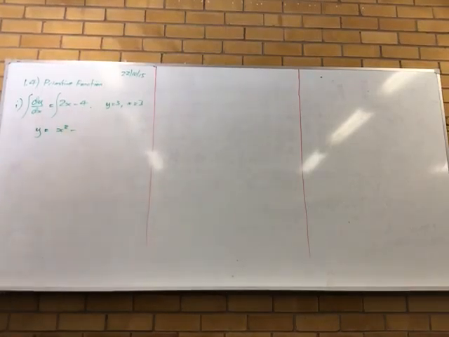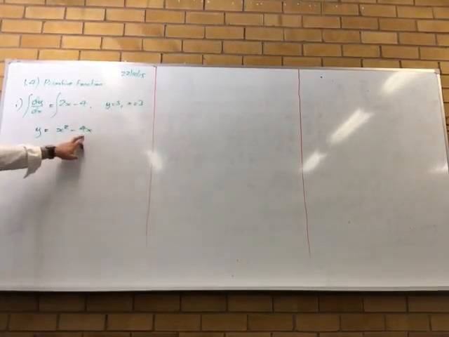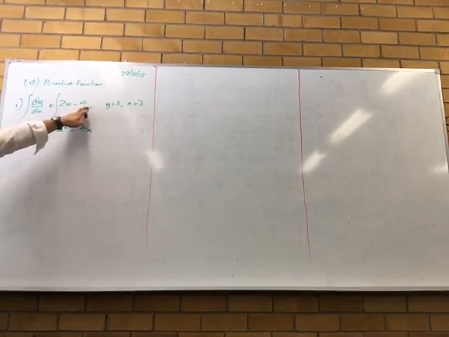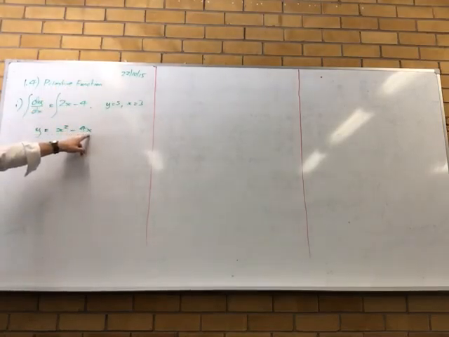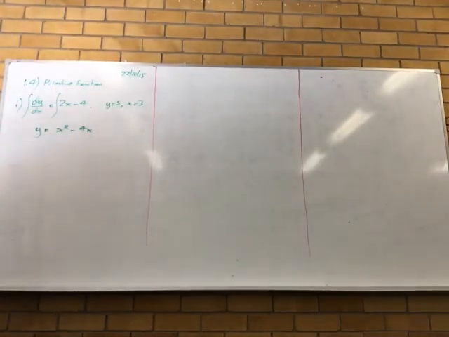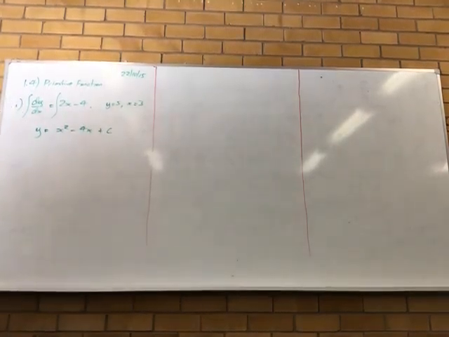So what would I have to differentiate to get an answer of negative 4? 4x. So negative 4x. In other words, it is 4x to the power of 0. For the constant number, you add 1, becomes x to the power of 1, which is just x, divide by 1, and then we have our constant of integration.